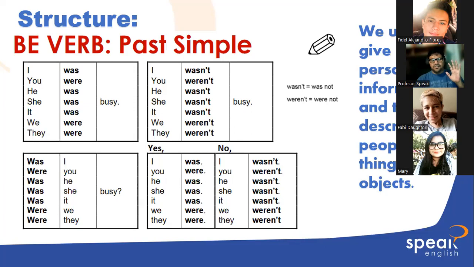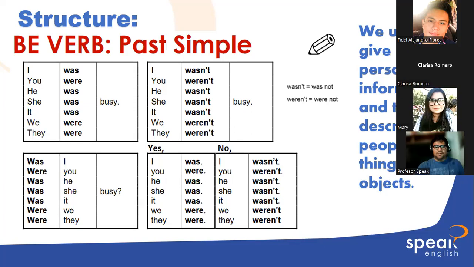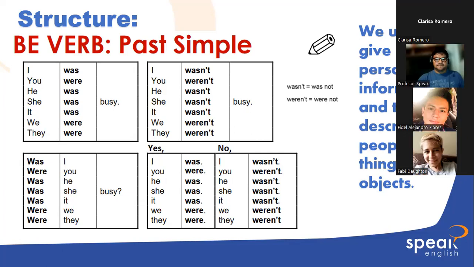Can I have another volunteer to read the rest? Okay, Clarissa. Was it busy? Yes, it was. Or no, it wasn't. Were we busy? Yes, we were. Or no, we weren't. Were they busy?